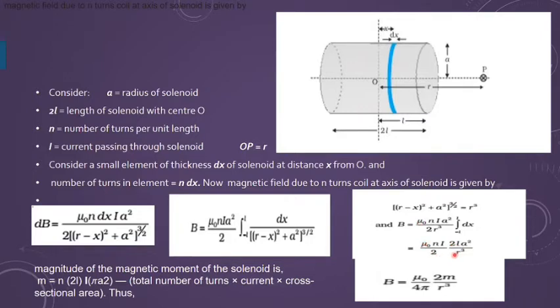And you know that if I want to write the magnetic dipole moment for this solenoid, that can be written as the number of turns into the total length 2L, this is capital N, N into 2L, into IA. A is pi r square, and here the radius is taken as small a, so I can write it as pi a square. So this is the value of the magnetic dipole moment.